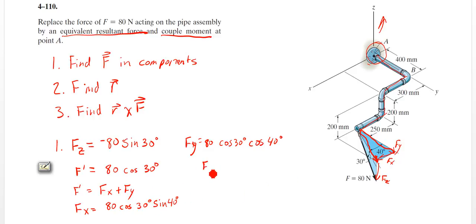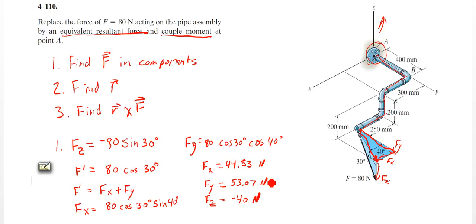If we find each of those components, Fx is going to be 44.53 newtons. Fy is going to be 53.07 newtons, which is just this evaluation numerically. And finally Fz, our negative 80 sine 30, is going to be negative 40 newtons in the down direction.